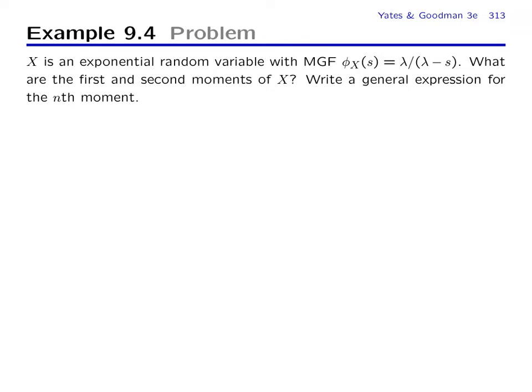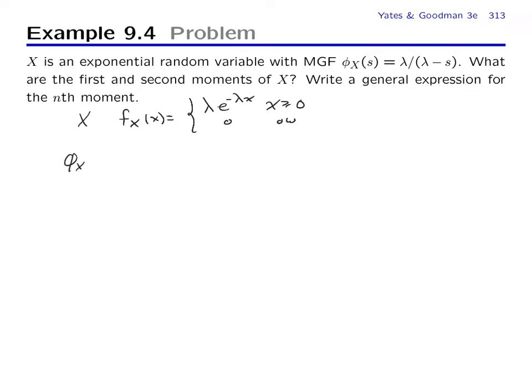If you're wondering how hard it is to derive one of these moment generating functions, the answer is it's not really so difficult. So for instance, if X is exponential, then we know its PDF is lambda e^(-lambda x) for x greater than or equal to 0, and 0 otherwise.